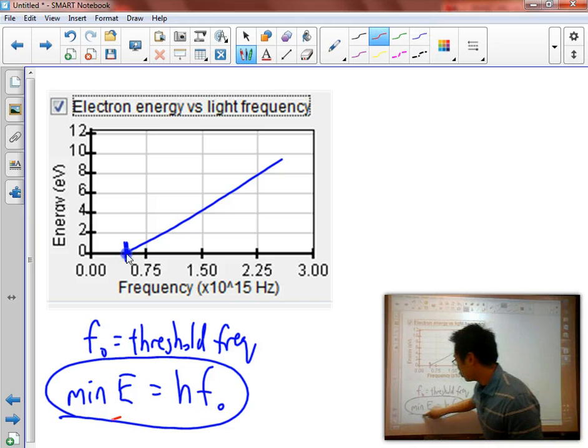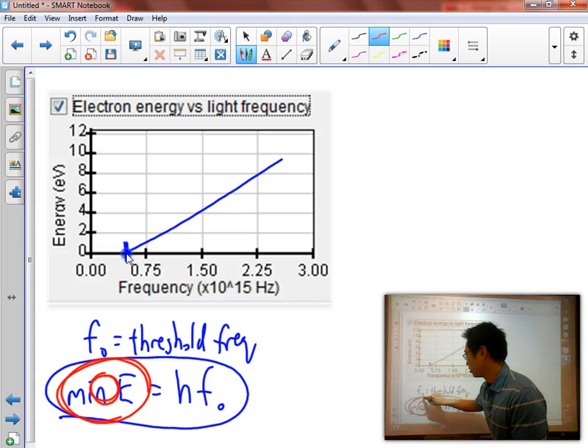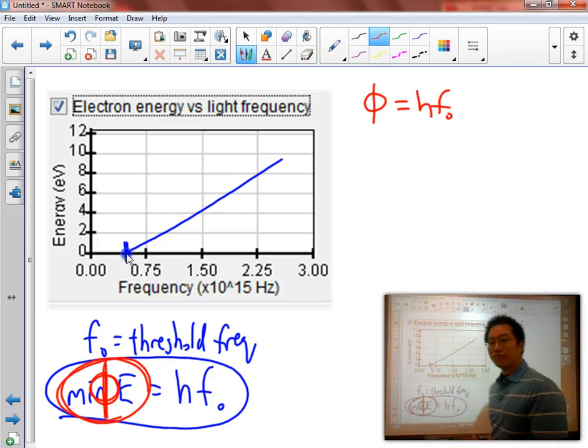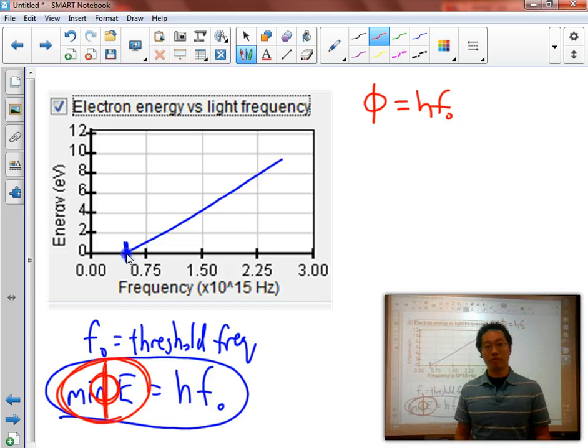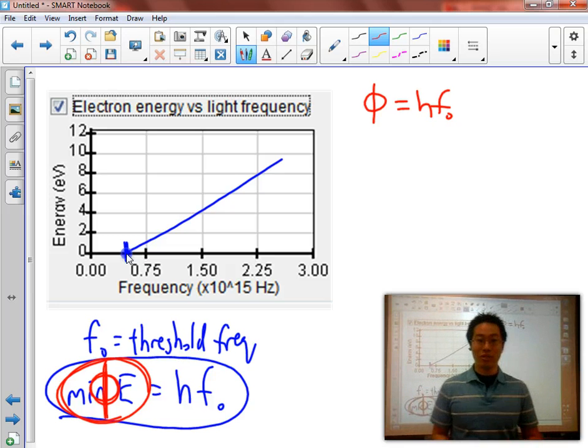And that minimum energy is, of course, the same thing as the work function. Okay? So the work function is just equal to hf naught. It's the same formula as the energy formula from before, but the only difference is that we understand we're dealing with a minimum frequency.